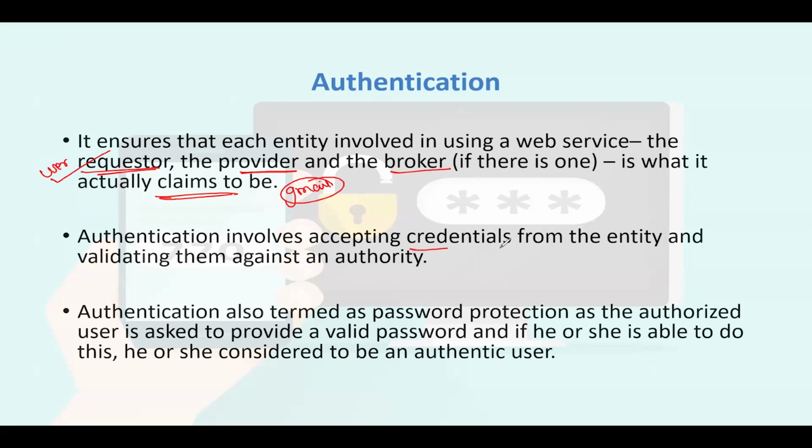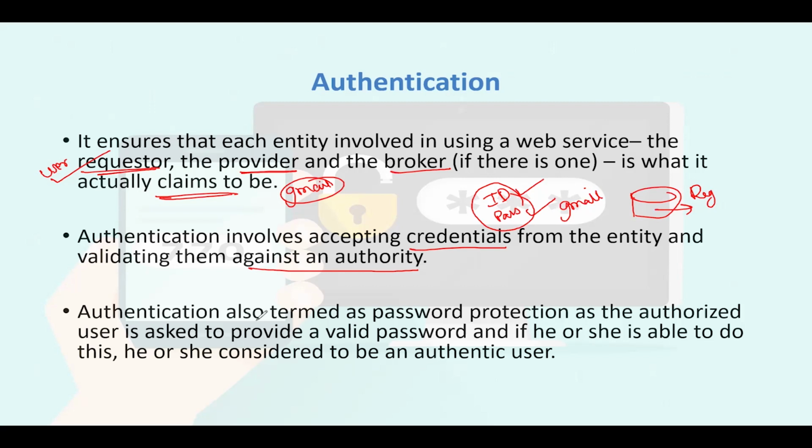Authentication involves accepting credentials from the entity and validating them against the authority. When I said authorization, we were talking about ID and password. Authentication is done once the ID and password are given. Gmail will check its database to see whether, when you registered previously, you gave the same ID and password. If it is matching, then you are authenticated.